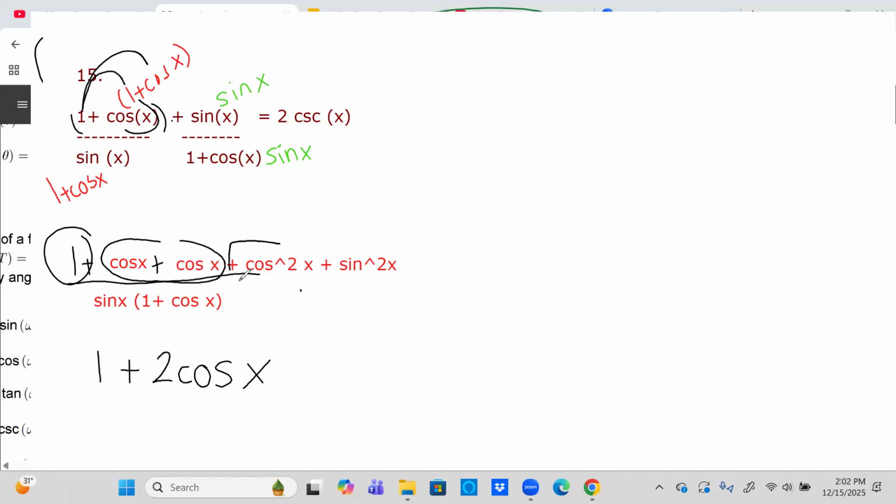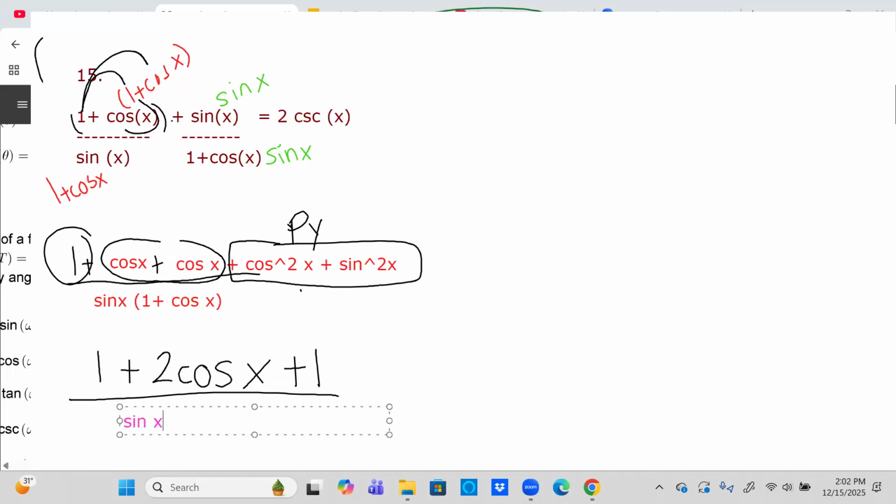And then look right here, cos squared plus sine squared. That is the Pythagorean identity, right? Because usually I write it sine squared plus cos squared equals 1, but it can be switched. Cos squared plus sine squared is also 1. And then the bottom is fine. So I'll just type that part to save the horrific writing.